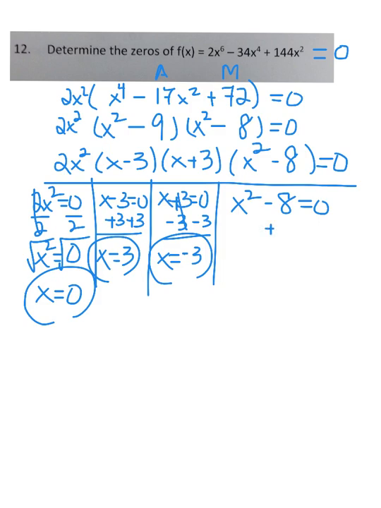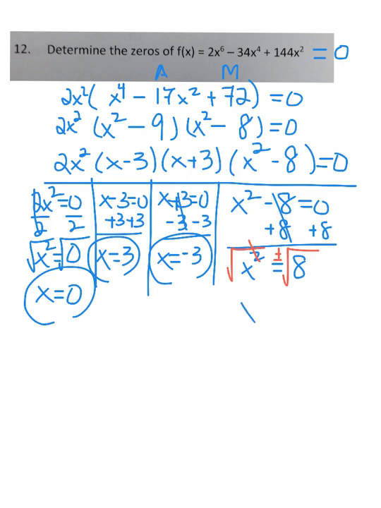All right, this last one. Well, I can add 8 to both sides, right? So I get x squared equals 8. And then I know if I want to get rid of a square, I have to square root. So I'm going to square root this side, and I'm going to square root this side. Don't forget, though, we need a plus or minus. That's really important. Don't forget that plus or minus.